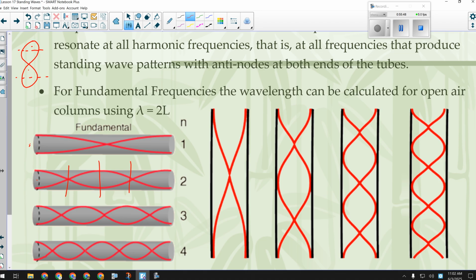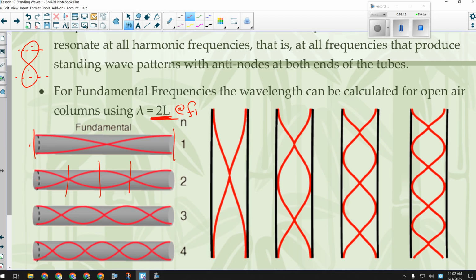So for an open air column, the first sound we hear has half a wavelength in the tube. That means if I multiply the length of the tube by 2, because there's half in there, then I'll have the wavelength. So for an open air column, lambda is 2L at the fundamental frequency.